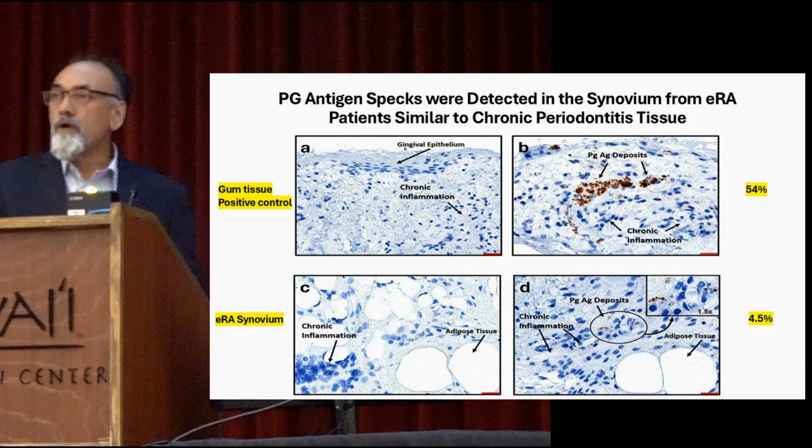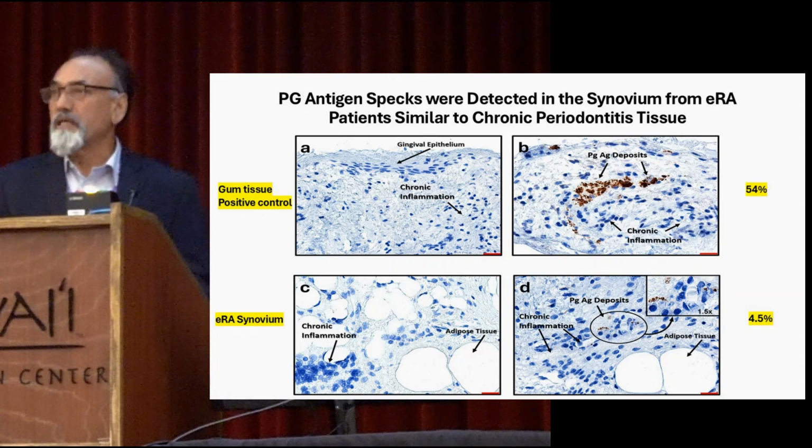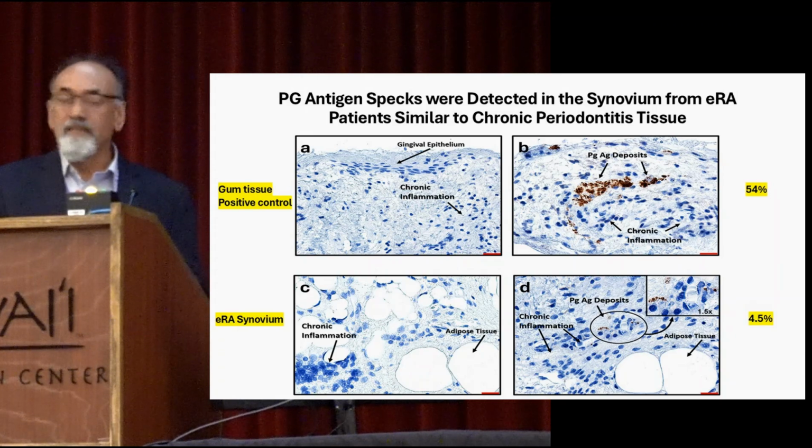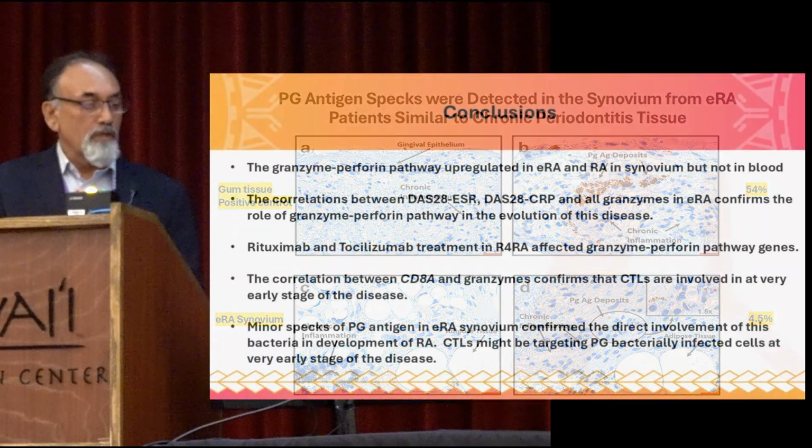Very rarely did we find specks of the antigen in these early biopsies. These were not actually rod-shaped bacteria, but antigen fragments. The percentage of cells that have them was 4.5%, as compared to 54% in the chronic periodontal gum tissue.